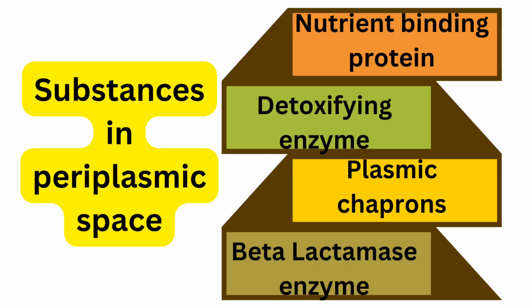First, nutrient-binding proteins help in the uptake of essential nutrients from the external environment. Second, detoxifying enzymes help bacteria deal with harmful substances. Third, periplasmic chaperones assist in the folding and stabilization of other proteins in the periplasm. And last is the beta-lactamase enzyme, which plays a crucial role in antibiotic resistance, like to penicillin.